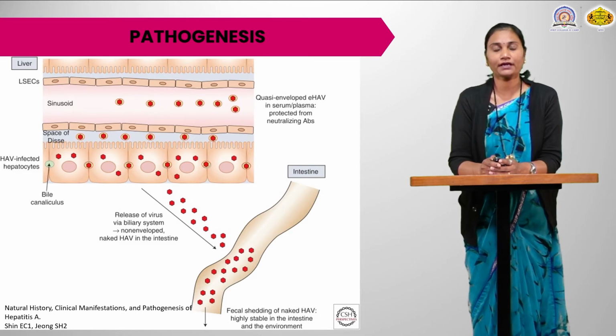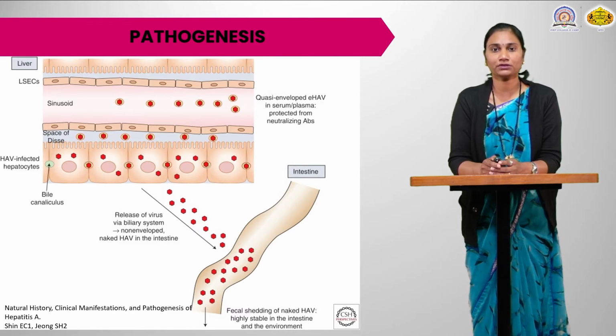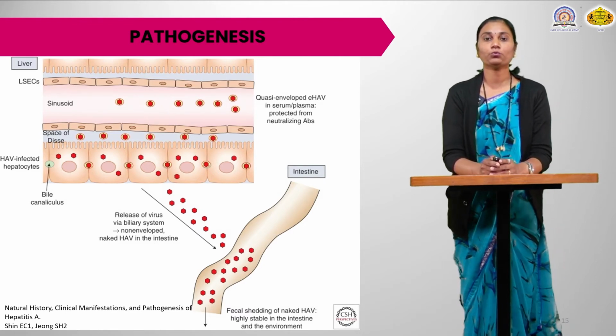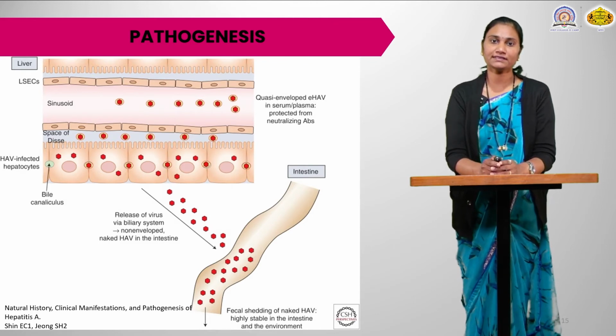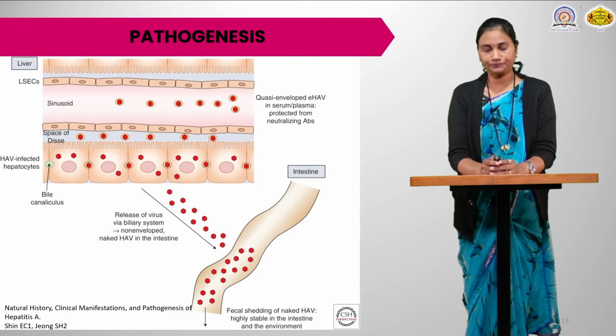When this organism enters the intestine via the oral route, it is absorbed along with nutrients and moves towards the circulatory system, and from the circulatory system the organism enters the liver cell.